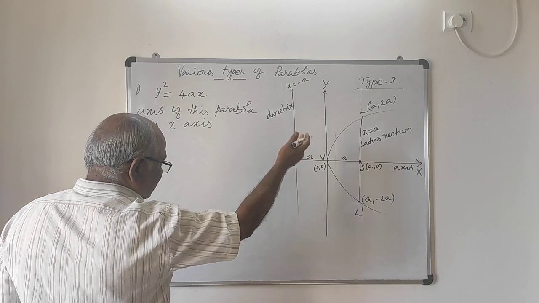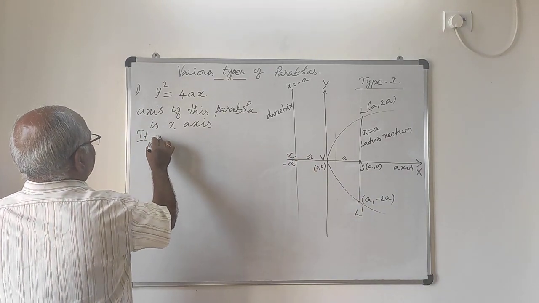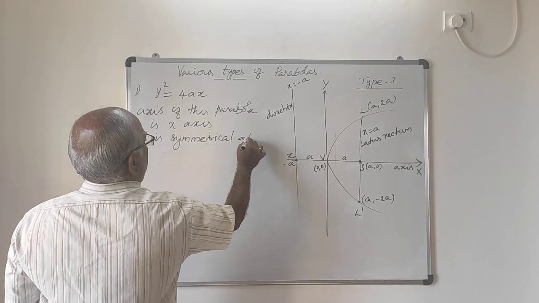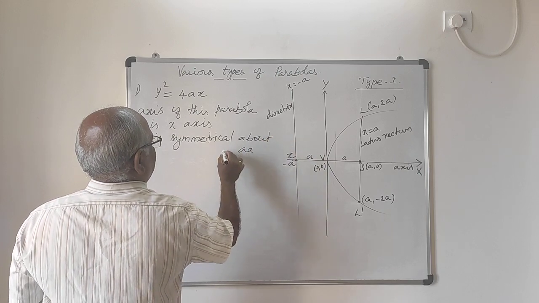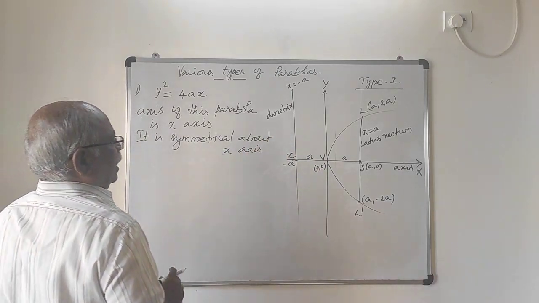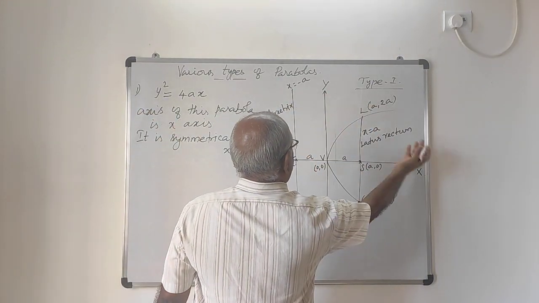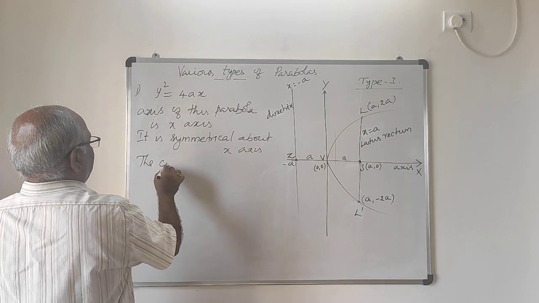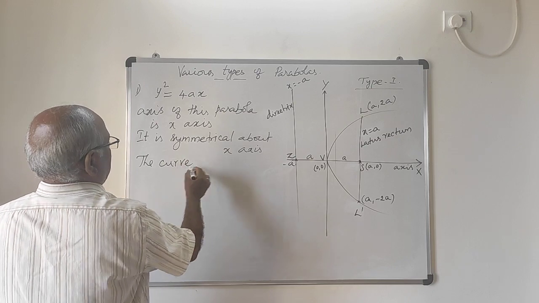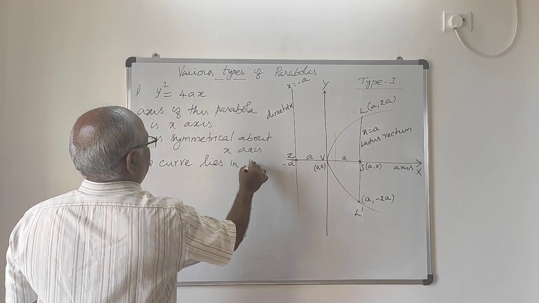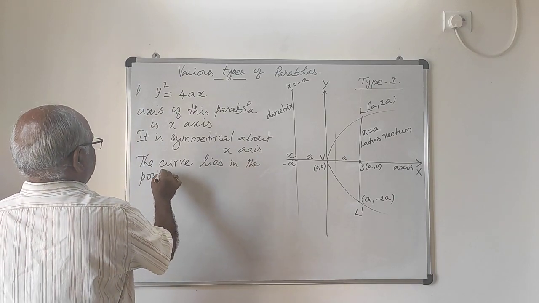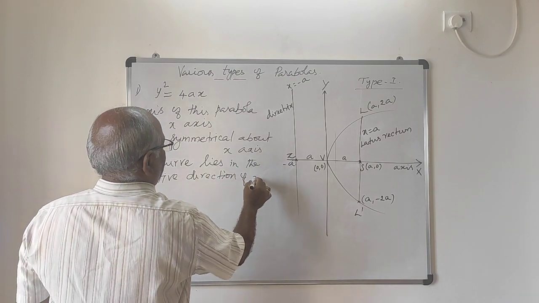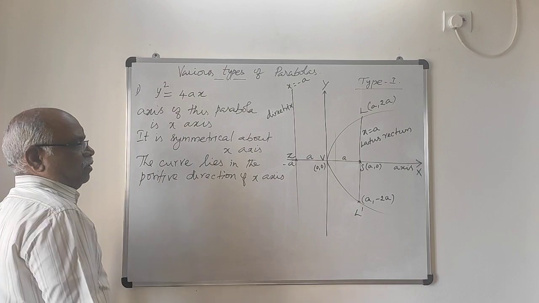It is symmetrical about the x-axis. The curve lies in the positive direction of the x-axis. These are the nature of this parabola.